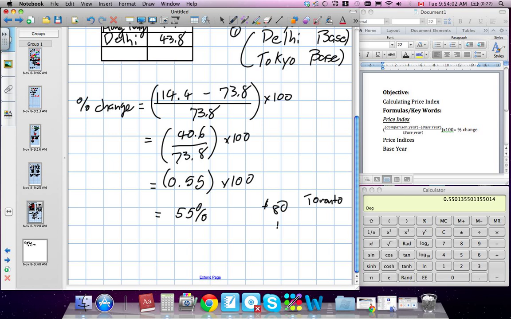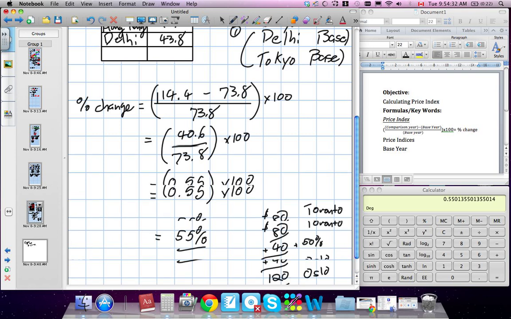So half of 80 is $40. Now I know we said 55, but this is a comparison. Let's say it was 50%, just to make sense of that. A 50% increase, we take 50% of 80, we know that's half of it, so it's 40. So if it cost $80 in Toronto, it would cost you $120 in Oslo. Okay?